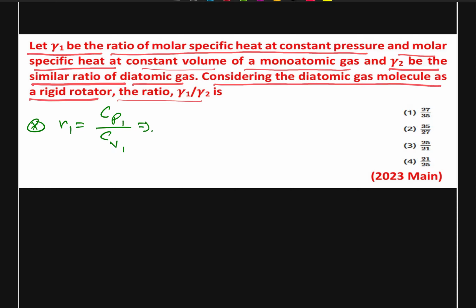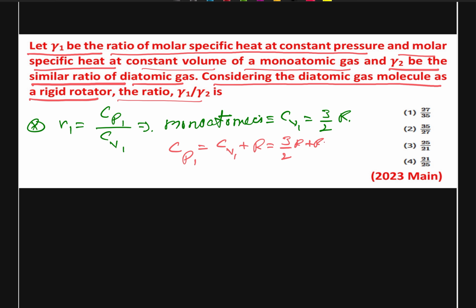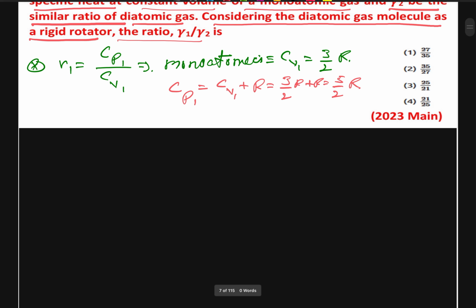And we know that for monatomic, Cv of 1 will be equal to 3/2 times R, and from here we can find Cp of 1, which will be equal to Cv of 1 plus R. So we get 3/2 R plus R, giving us 5/2 times R. Therefore, gamma 1 will be equal to 5/2 R over 3/2 R. Here 2 and R go away, so we get 5/3.